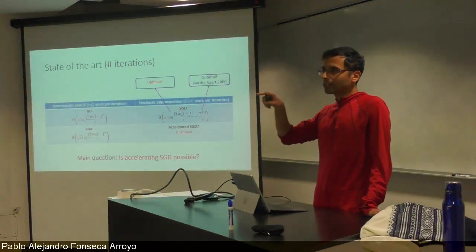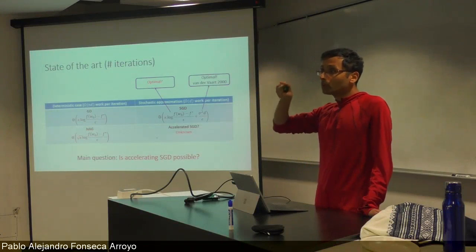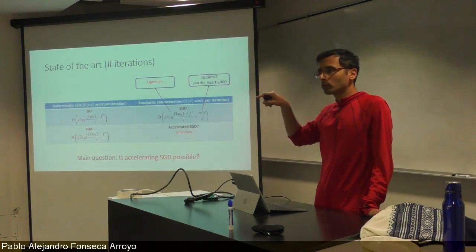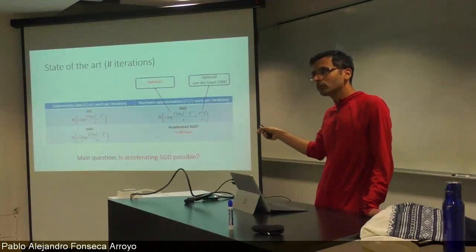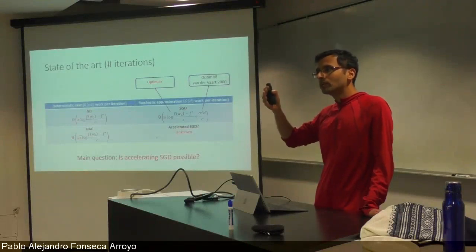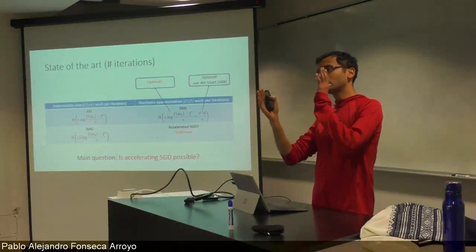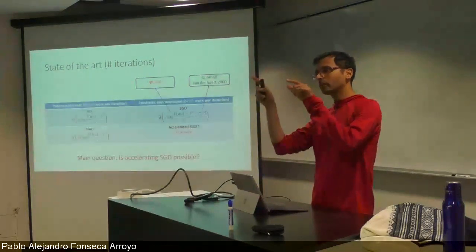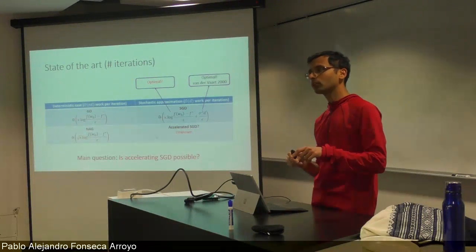If you're looking at stochastic linear regression, you have x transpose w minus w star squared, and w minus w star would depend on the order of 1 over square root n. You are able to estimate w star within 1 over square root n, and because you are looking at the function value difference, which is a square error, you will get a 1 over n here. That's the reason.